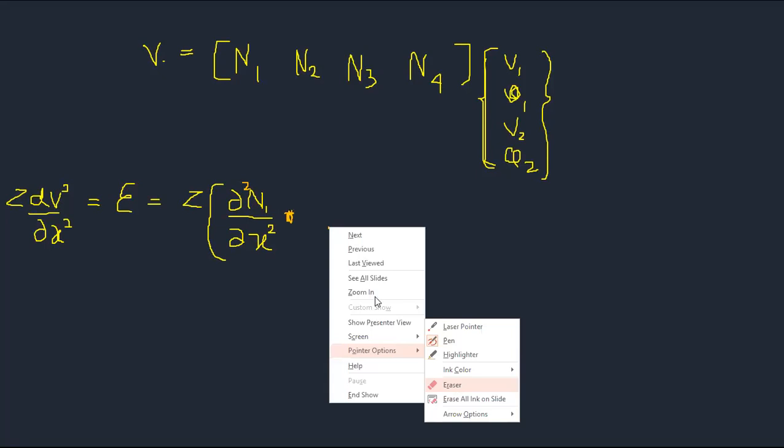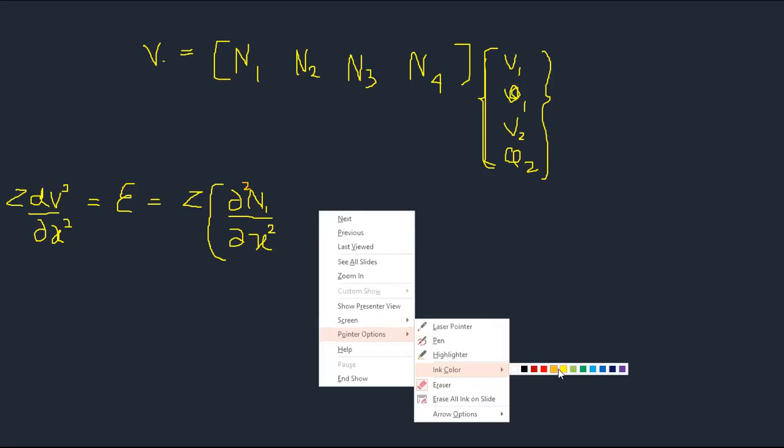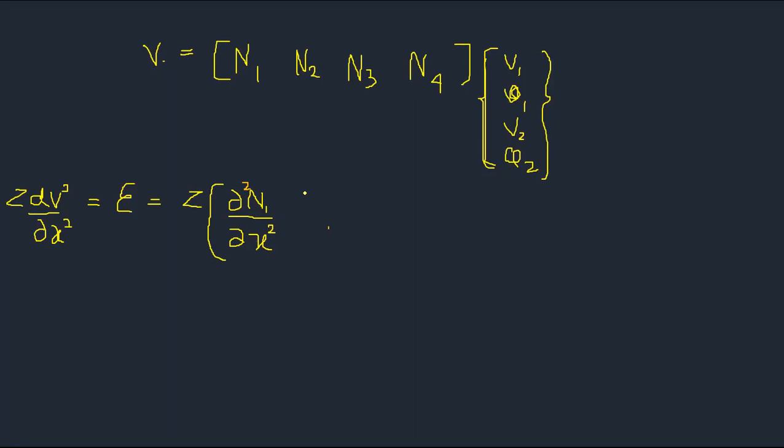This is the first element of the matrix, and this is the second element of the matrix. And this is the third element of the matrix.